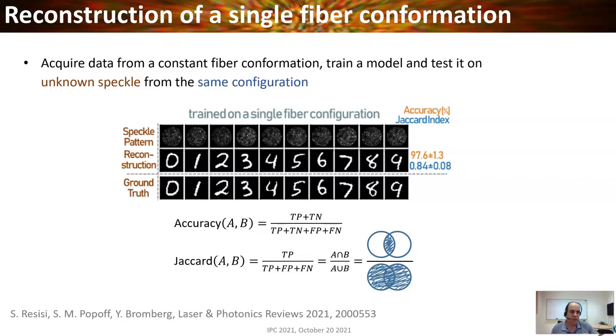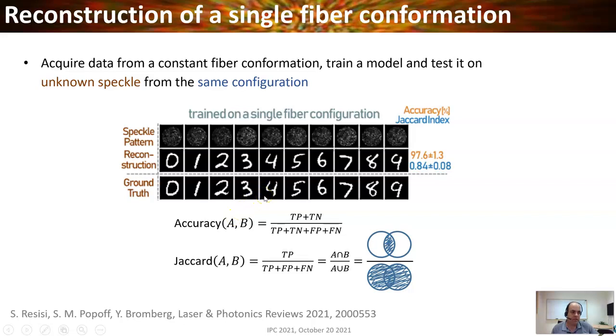Here I show a few reconstruction examples for when we train on a single fiber configuration. Qualitatively, you can see that the reconstruction is quite good when we compare it to the ground truth, meaning the actual pattern that we projected onto the DMD.